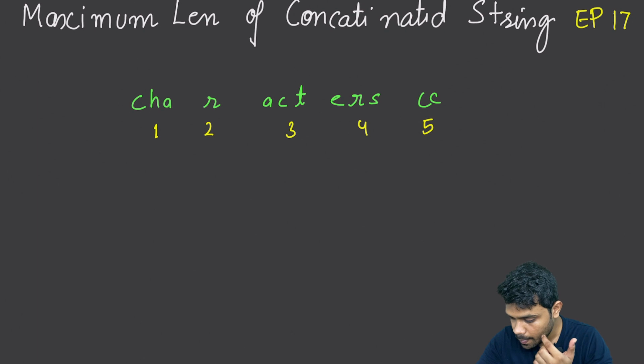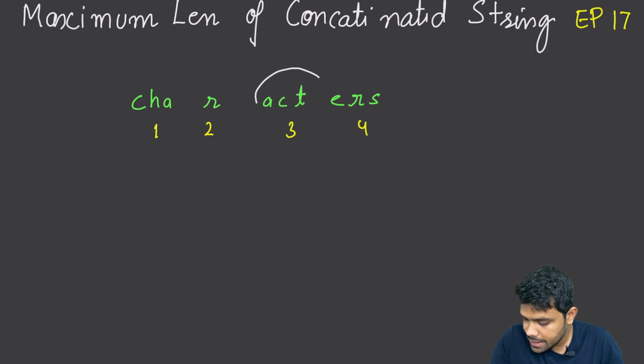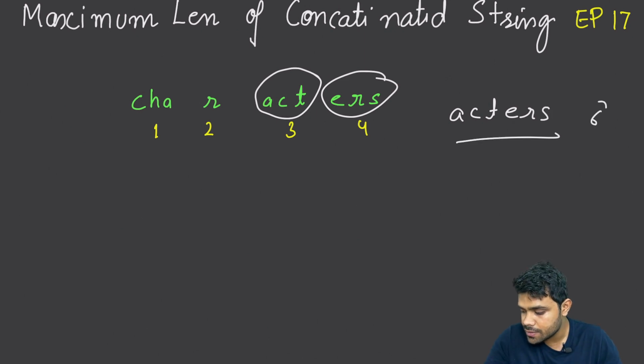Okay, so now we have to tell the length of such a string which could be obtained by concatenating the given strings, and the characters in the concatenated string should be unique. So here in this example I guess we can take act and ers, so it will become act ers, all the characters are unique and the length is 6.